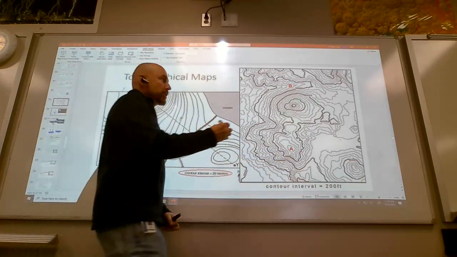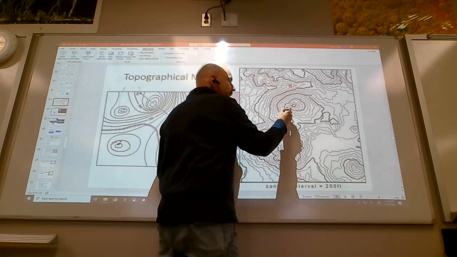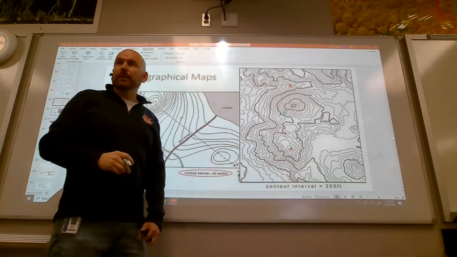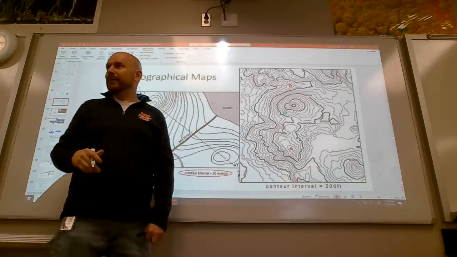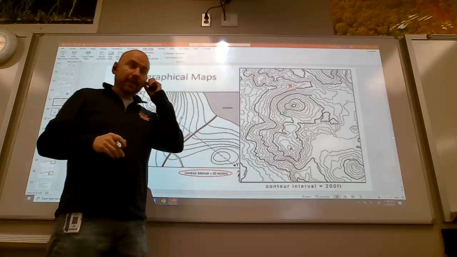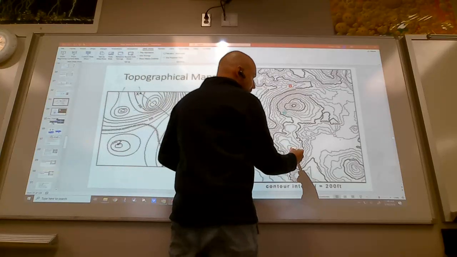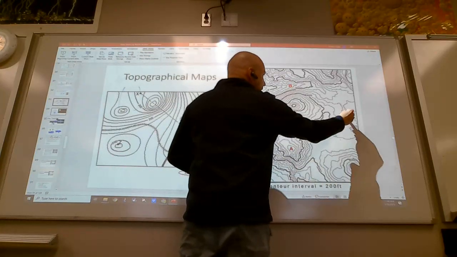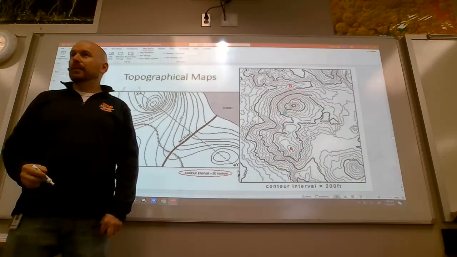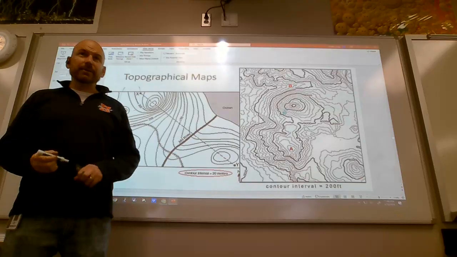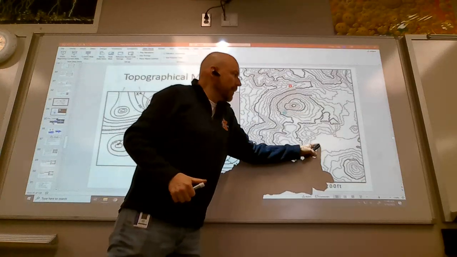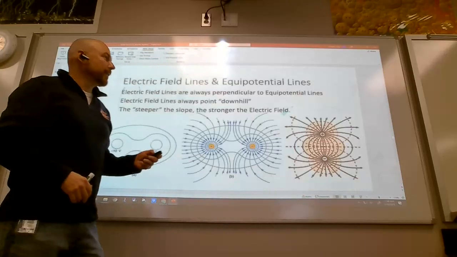You are changing your elevation quickly. Your rise over your run, you're rising a whole lot for a little bit of a run. The easy way would be to circumnavigate and go up that route. So that's kind of flat.